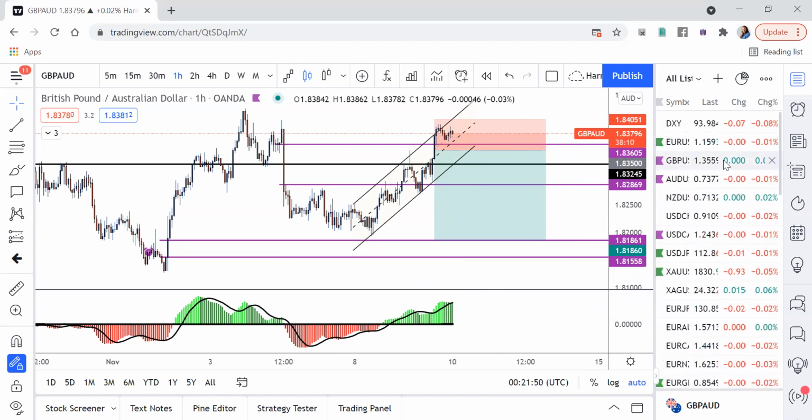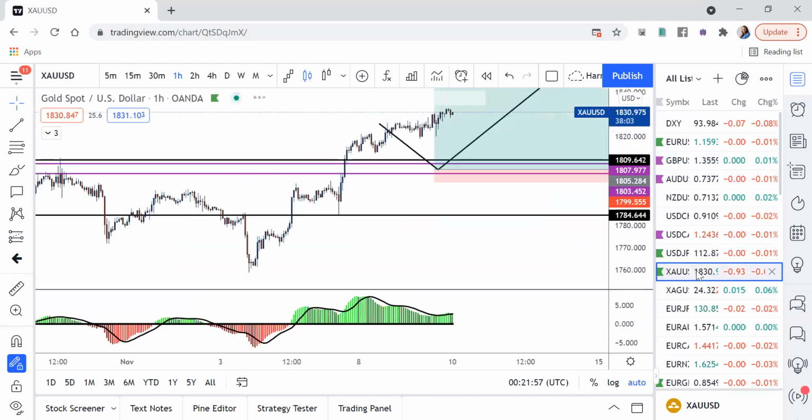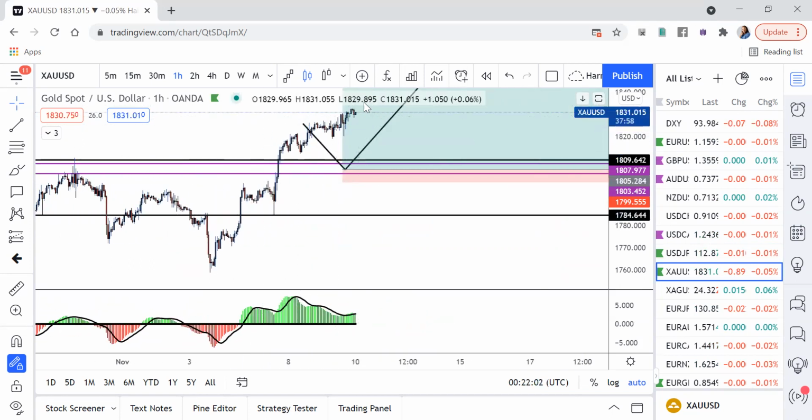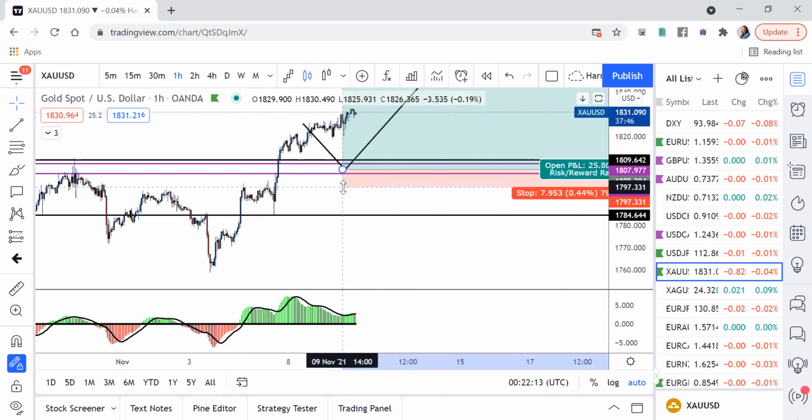All right. Now for the rest of the week, I am looking at gold for a buy setup, right? So eventually I would like to see gold come down into this imbalance zone and then take off from here to the upside. So definitely this is my entry, 1805.28.